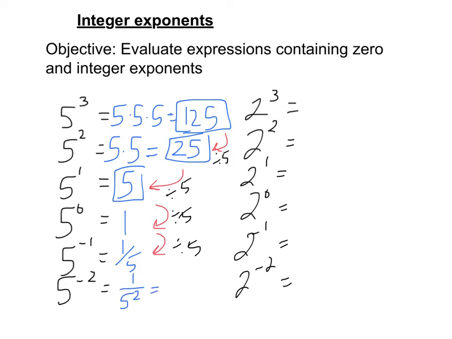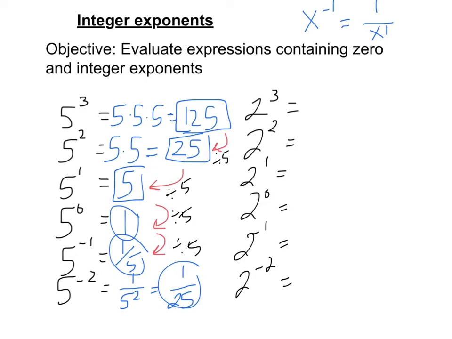And that's the definition of a negative exponent. Anything raised to the negative 1 power is 1 divided by x to the positive 1 power. So if it's 5 to the negative 2, it's 1 divided by 5 squared, which we know is 25. So your answer is 1/25. So all these terms get divided 2 times.